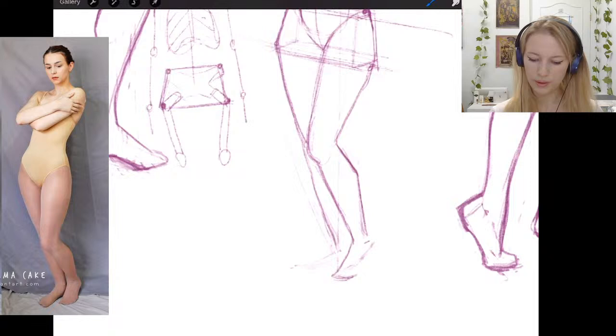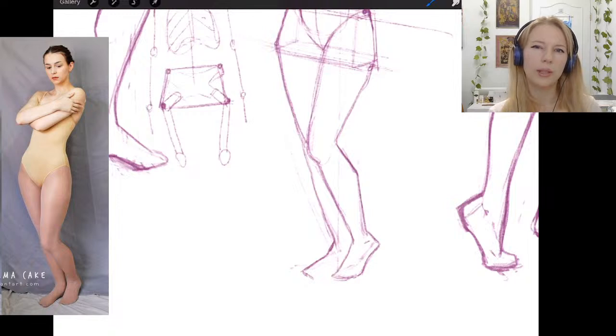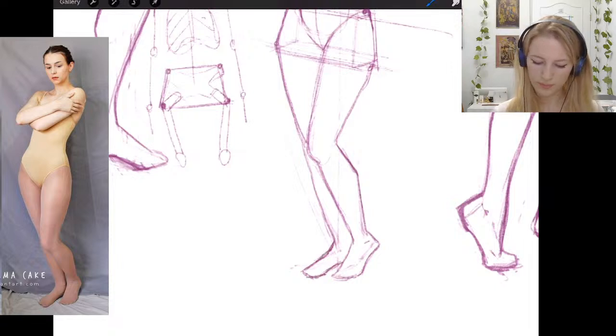So this is why I definitely encourage you to draw super simple geometric shapes, and it will be a bit easier for you to improve, because you wouldn't have to think about all these super tiny details. I just get confused when I draw everything that I see. I hope it makes sense.